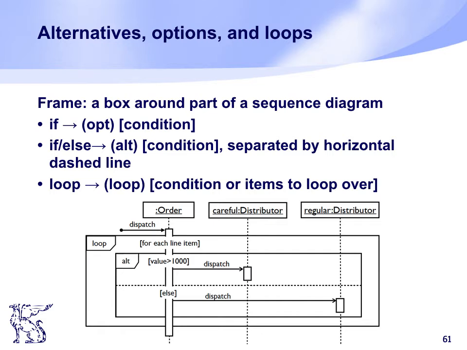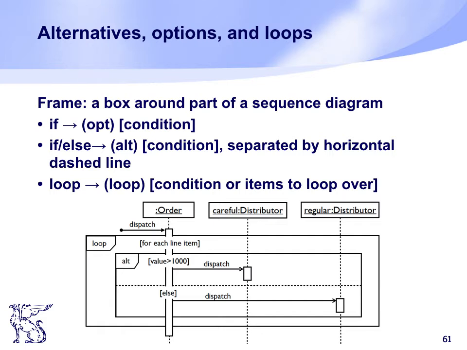We use this frame when we have complex interactions in our sequence diagram, such as alternative flows or loops. If your program has loops, then you can use this frame to represent your sequence diagram in a more structured way.